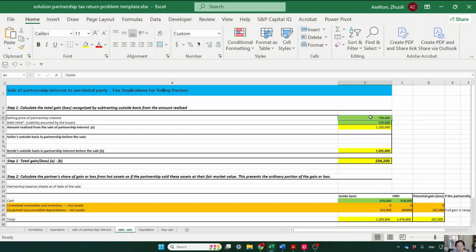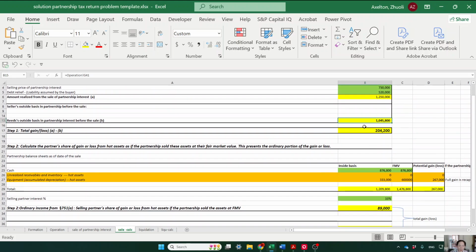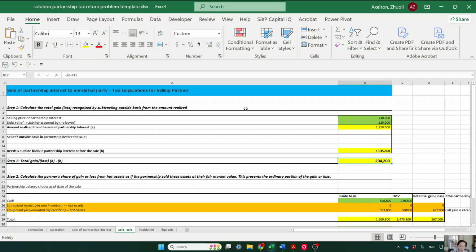The selling price stated in the case is $730,000. And less the outside basis, this number is from the operation tab, because we did the calculation in the operation tab to derive the outside basis in the partnership interest. Then the total gain or loss, that's step 1. So that's the first step of the calculation to determine the sale of partnership interest.